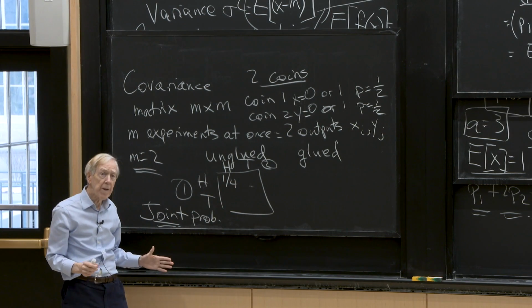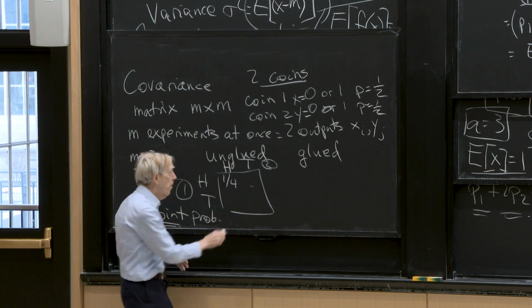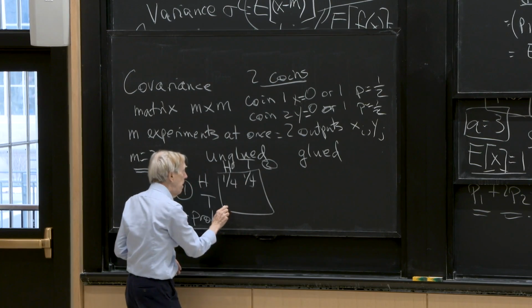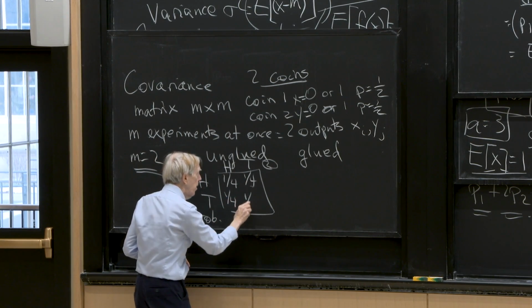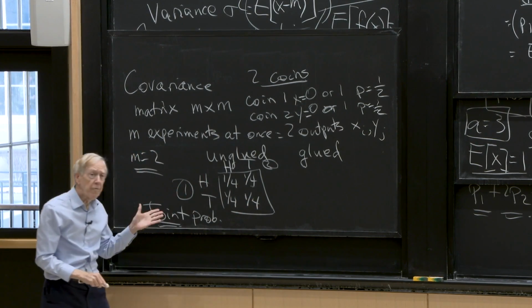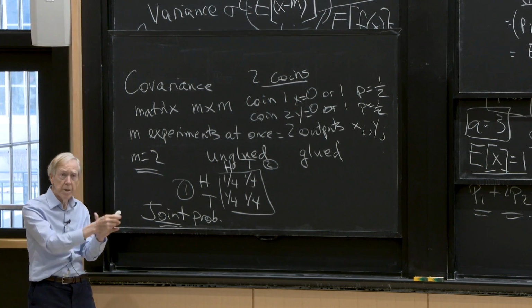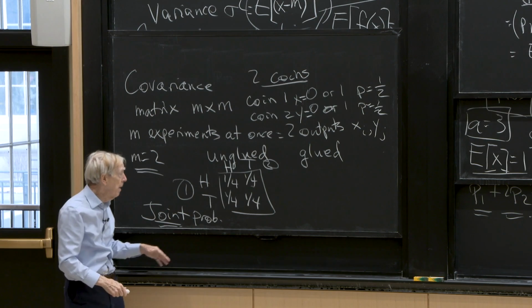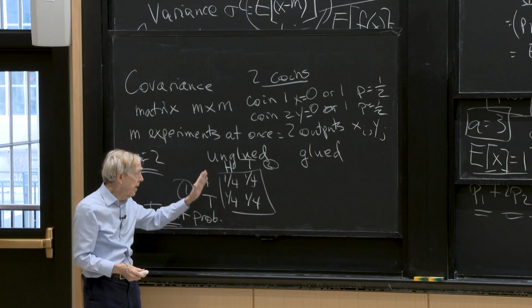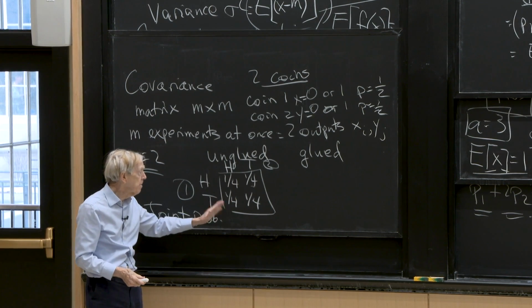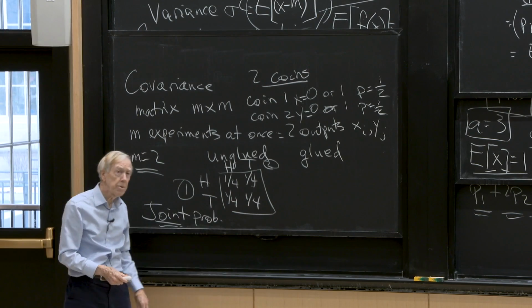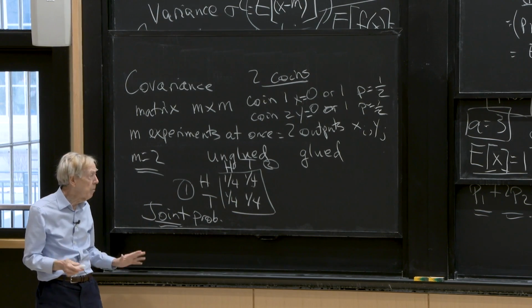And the probability of that is 1/4. And 1/4 here and 1/4 here. So I have the 4 possibilities, which I put into a 2 by 2 matrix instead of a long vector. My 4 possibilities are heads, heads, heads, tails, tails, heads, and tails, tails, and they have equal probability 1/4.